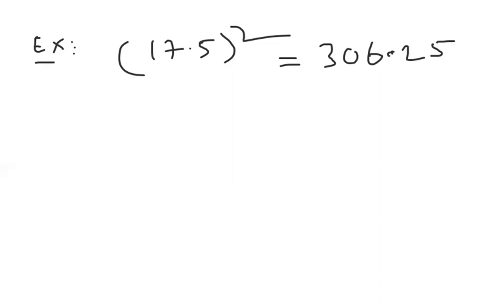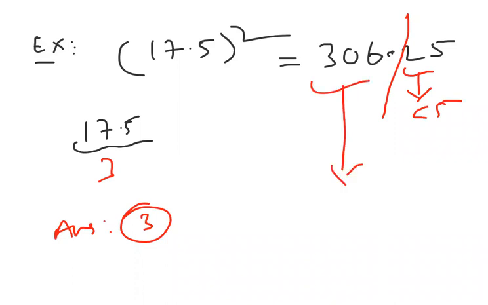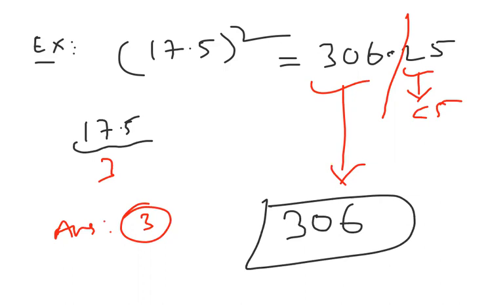But remember, we must not get more digits than the original. 17.5 has 3 digits, so the answer must also have only 3. If you draw one line after 3 digits, the next digit 2 is less than 5. So our answer is 306. Whenever you do 17.5 squared, you get it like this. I hope you are clear with this answer.